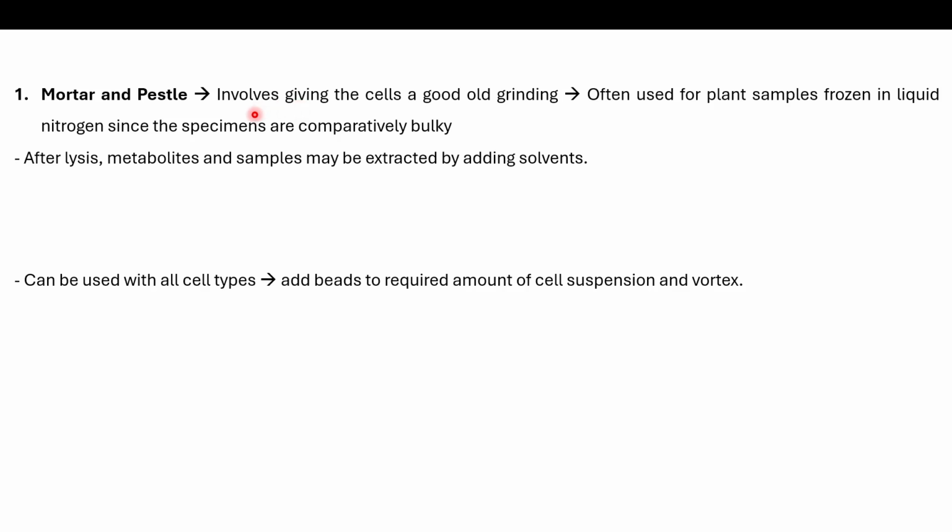Now you put in the lysis buffer, and then you have this thick pellet, you resuspend it or grind it. You grind the cells, and this mortar and pestle method is used for plant samples which are frozen in liquid nitrogen, since the specimens are comparatively bulky.